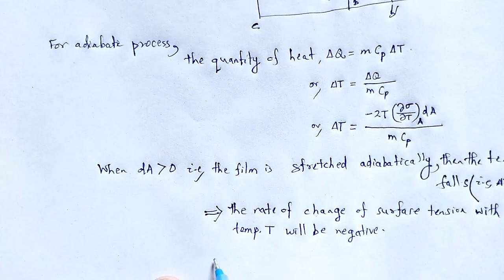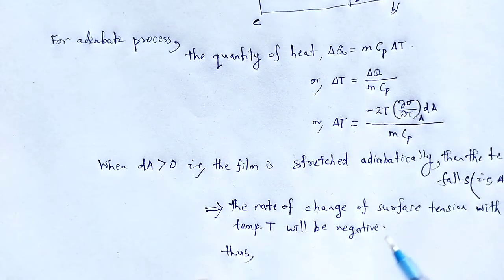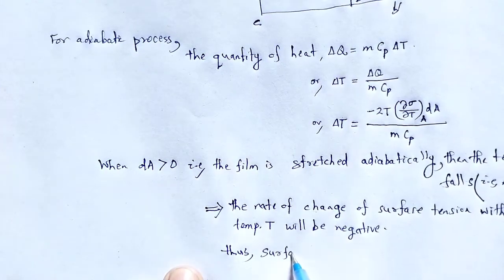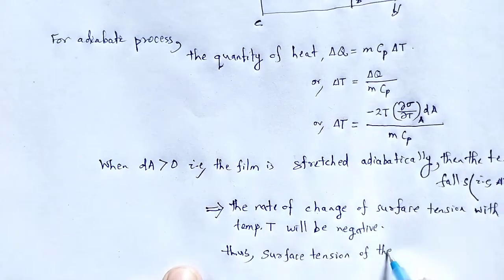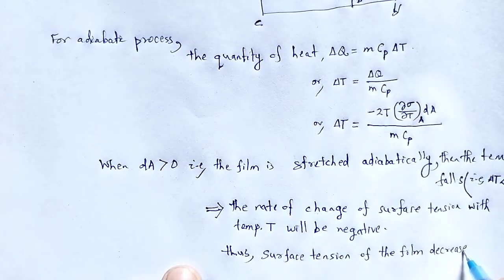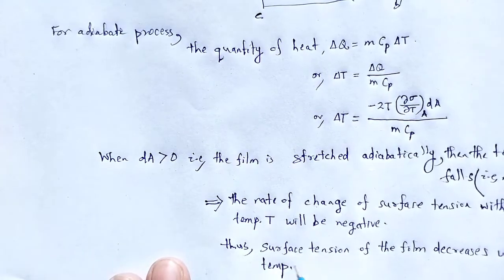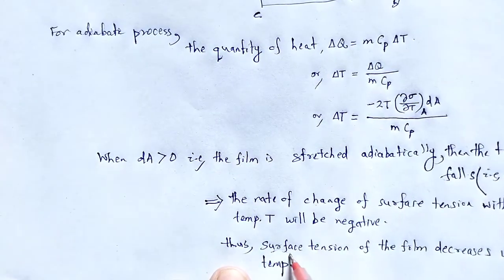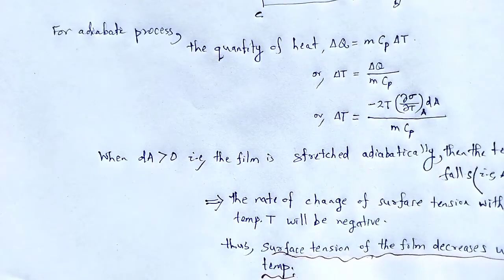Thus we can say, surface tension of the film decreases with temperature. Surface tension of the film decreases with temperature, or temperature decreases, surface tension of the film also decreases.